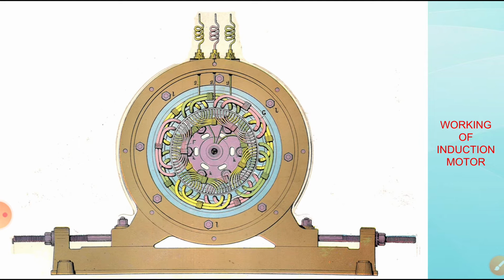Let us recollect a few merits of induction motors compared to DC motors and synchronous motors. First, induction motors are simple and rugged in construction. Induction motors are very cheap due to the absence of brushes, commutators and slip rings in the case of squirrel cage induction motors. In the slip ring induction motor we use slip rings, but we are not using any commutator and brushes.